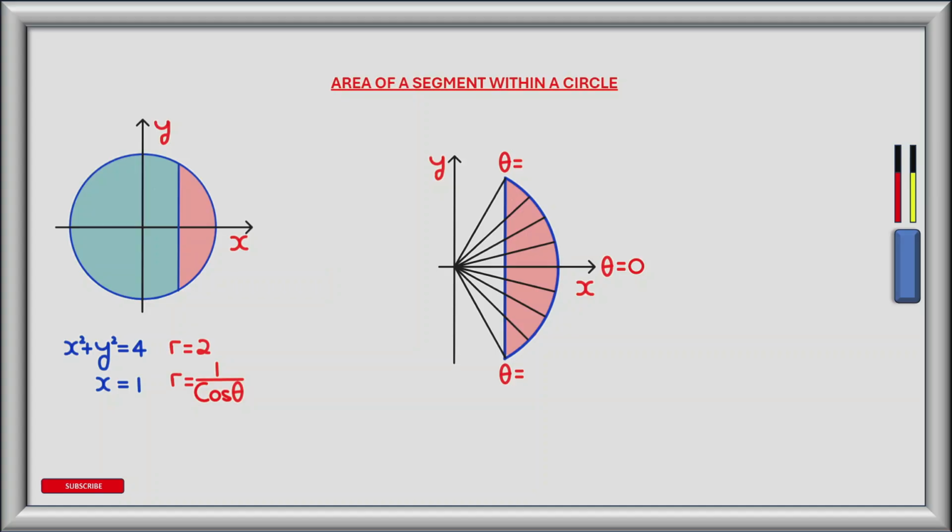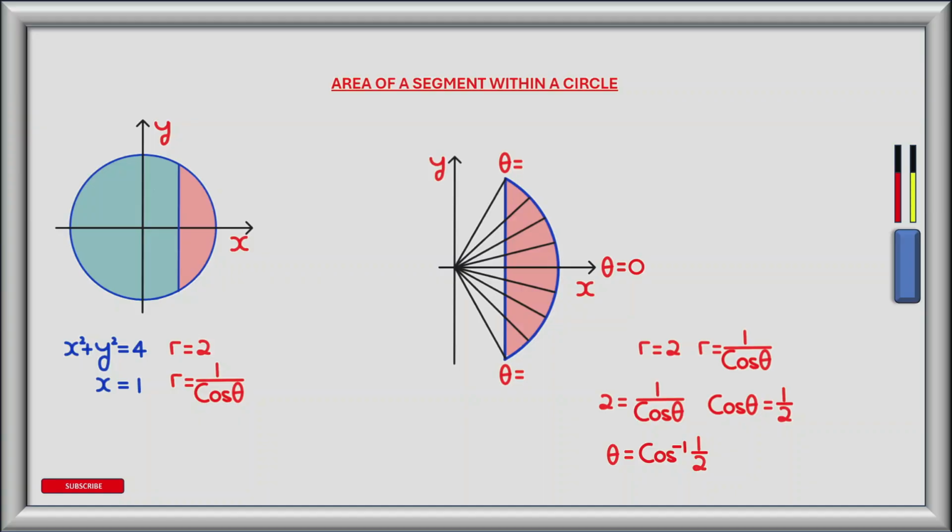To find the angles of theta where the circle intersects with the vertical line, we can equate the polar equations. We have two polar equations, r = 2 and r = 1/cosθ. If we equate the two, we get 2 = 1/cosθ, so cosθ = 1/2, and therefore theta = cos⁻¹(1/2).